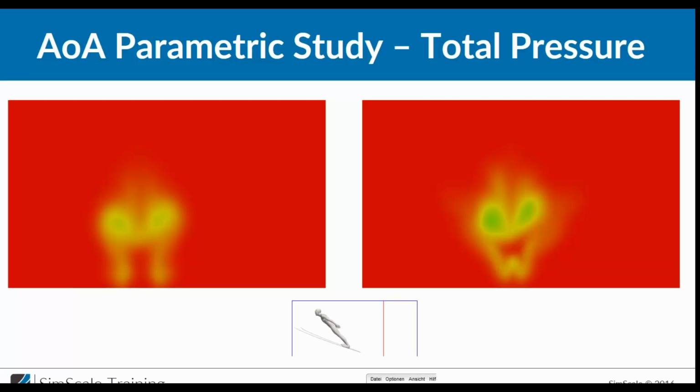For the parallel configuration, the flow starts to get back to the initial condition faster than in the V position, because in the V position we still see that there is strong disturbance in the flow.